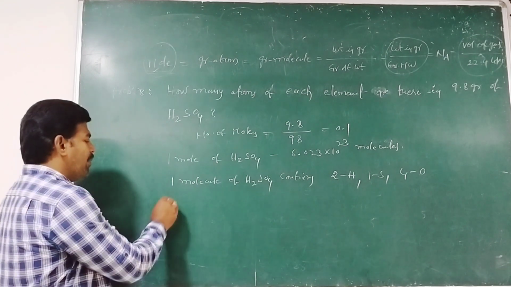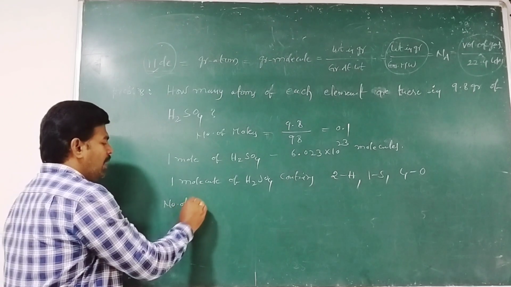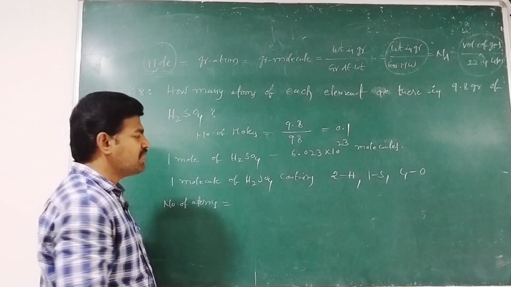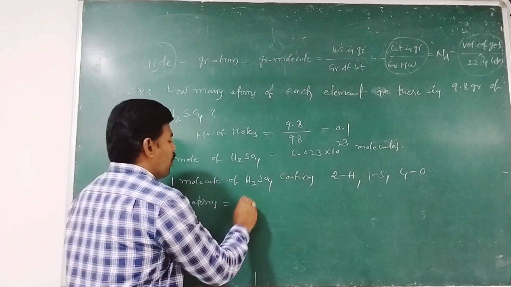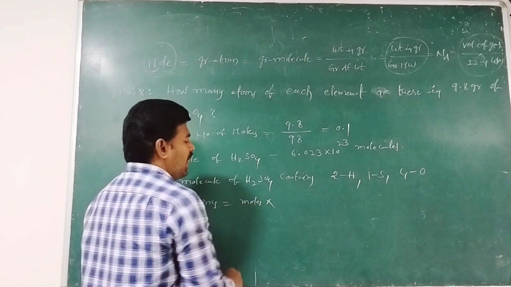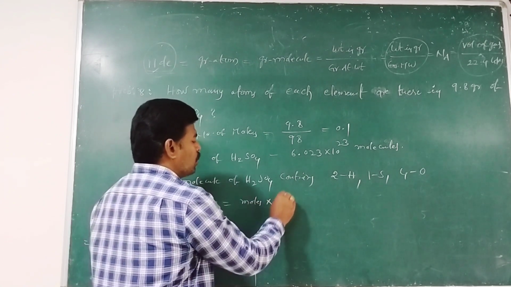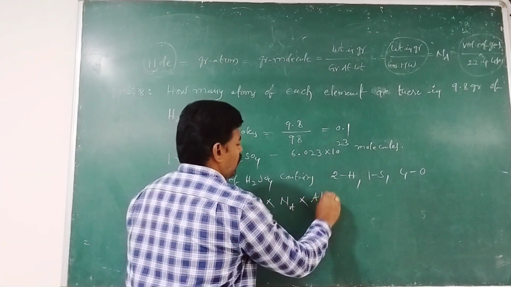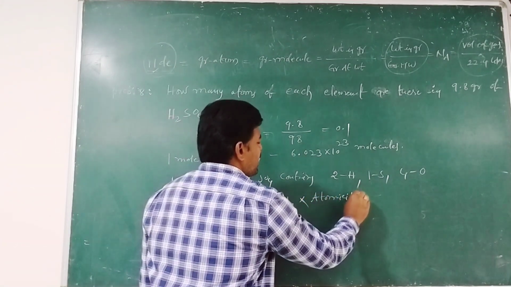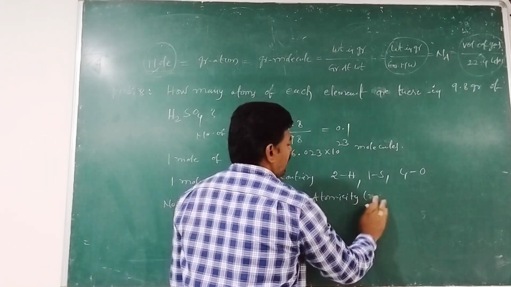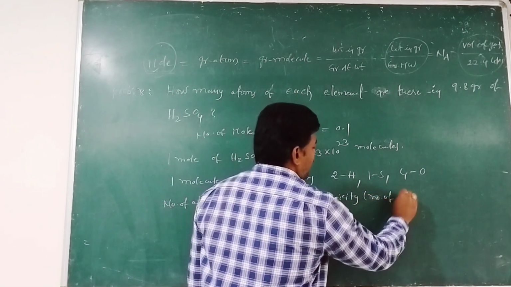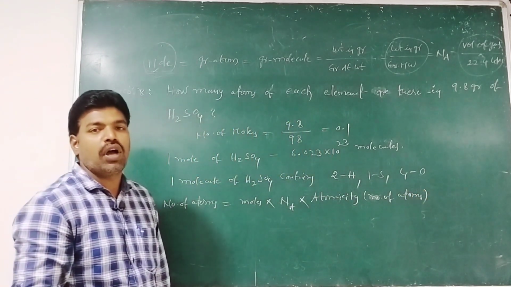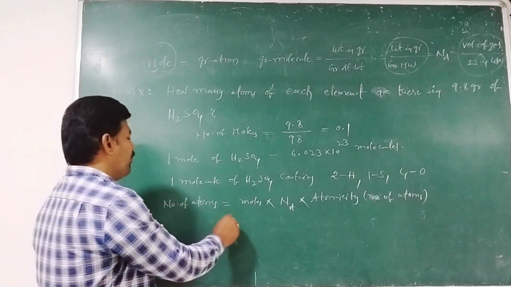That is, number of atoms is equal to moles into Avogadro's constant into atomicity. Atomicity means the number of atoms of that particular element in that molecule.